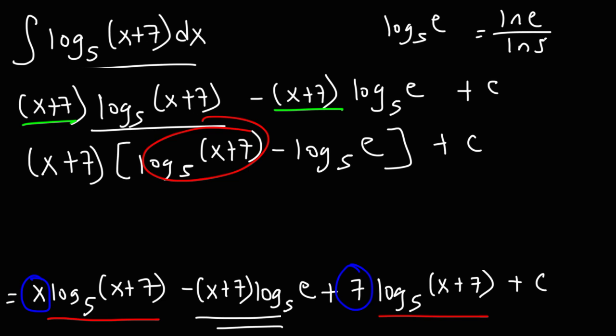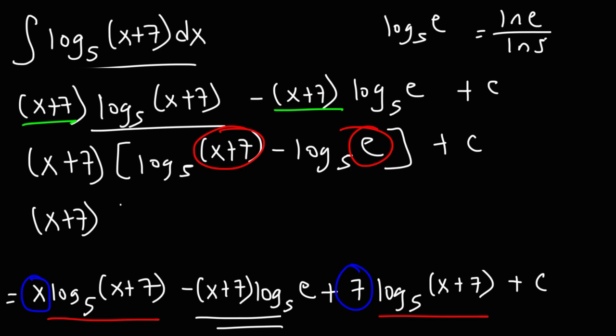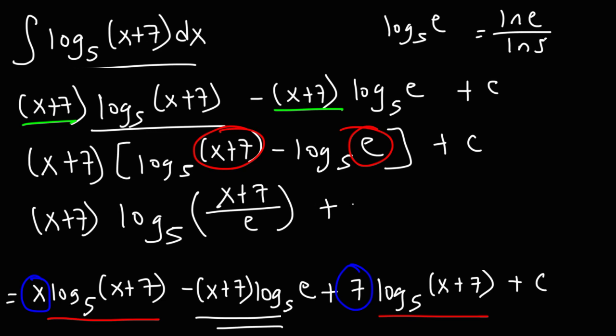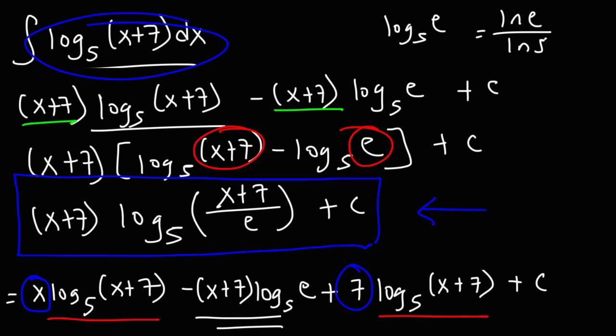So we can combine that into a single log by dividing these two. So this becomes (x plus 7) times log base 5 of ((x plus 7) over e), plus c. And so now we have our final answer in the form of our original formula. So this is it. So that is the integral of log base 5 of (x plus 7).